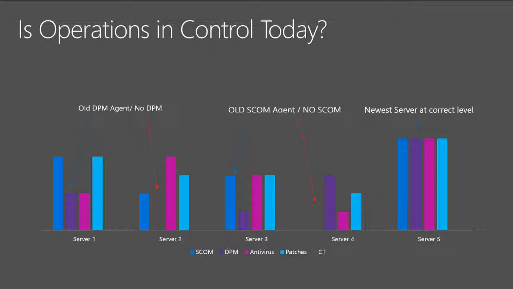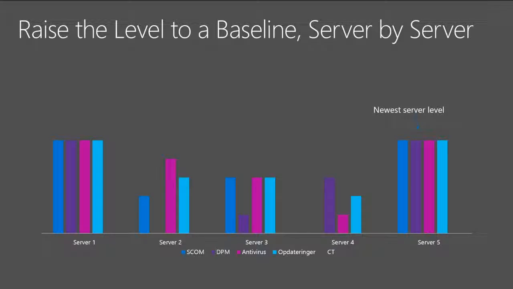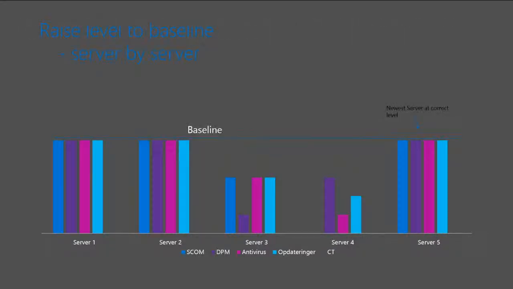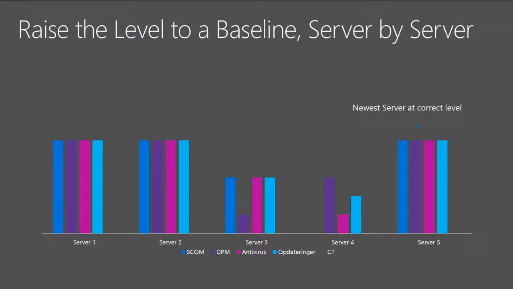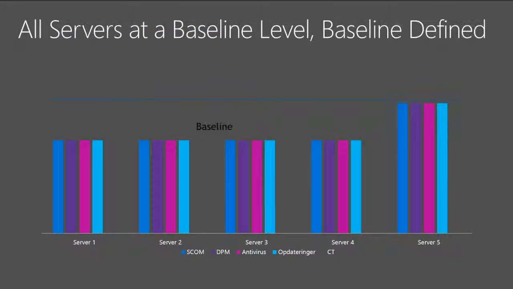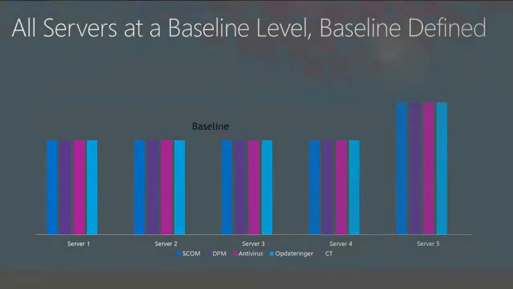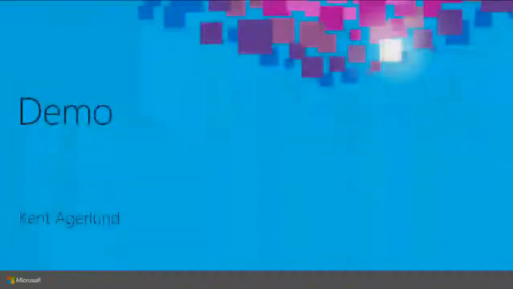So the ideal solution is to define a baseline and then somehow raise all the servers we have in here, maybe one by one according to their maintenance window, but at one point we need to raise all of them. And it keeps going on. Once you have raised all of them, then you just need to go in and define another baseline, because now Microsoft has released some new patches and so on and so forth. So this is the demo in here.